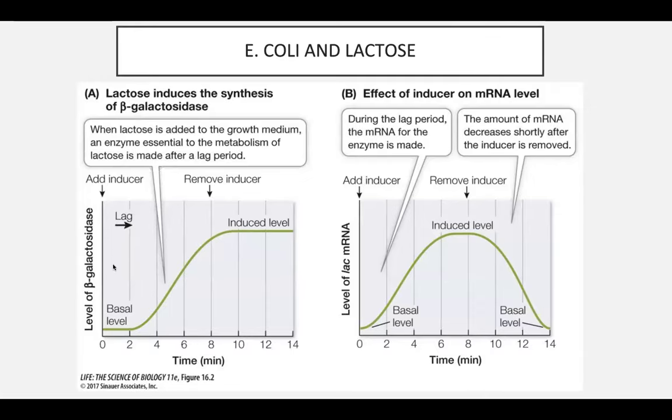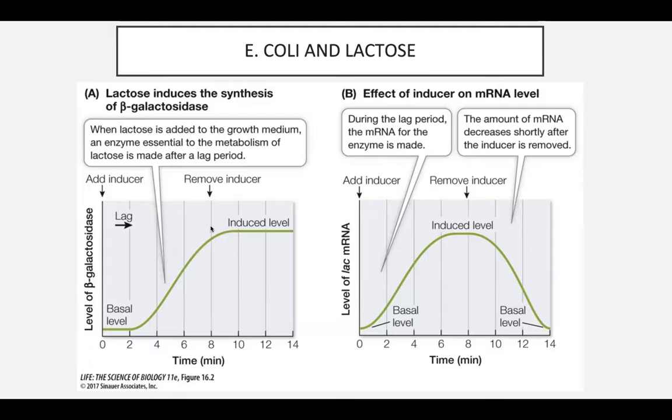So there is a lag period, but eventually after that lag period, when lactose is added to the growth medium, beta galactosidase, as you see here, the level increases significantly in order to help ensure that lactose can be brought in and hydrolyzed. And so as you see here, effective inducer on mRNA level.